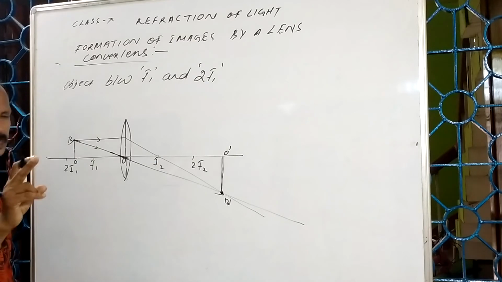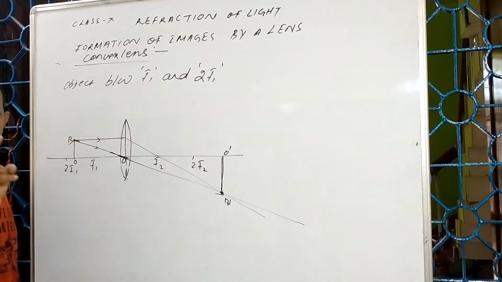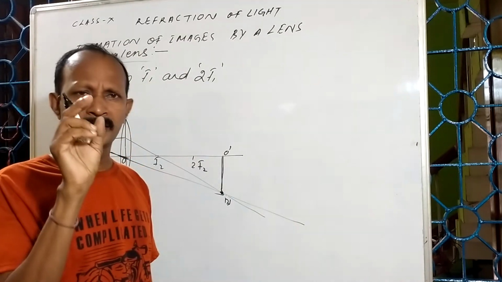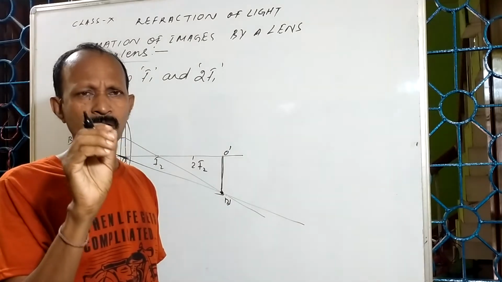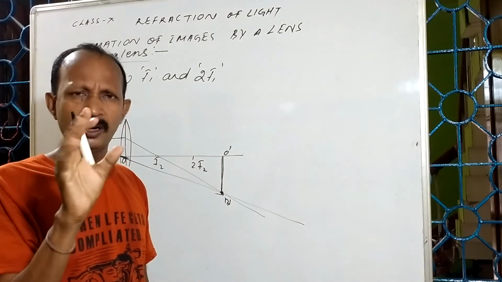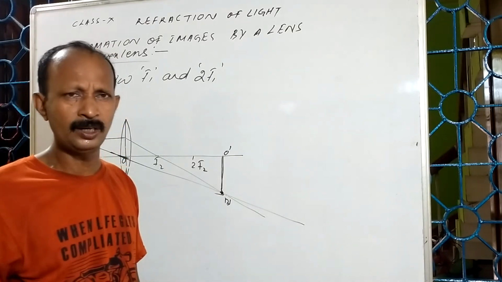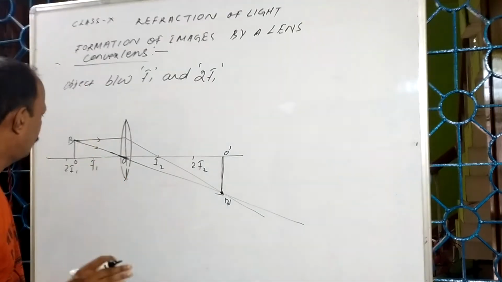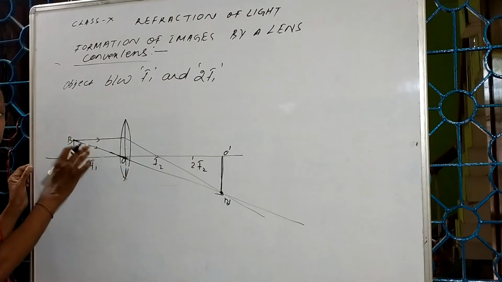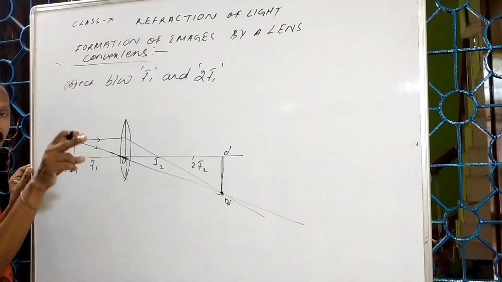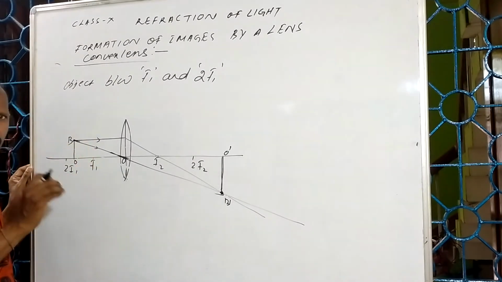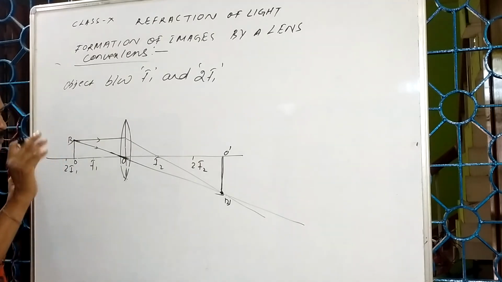We draw only two incident rays because we need at least two rays which can meet and make the real image. If they do not meet but appear to meet, they make the virtual image. That's why I am taking two rays. Their behavior is already known to us from my previous video.